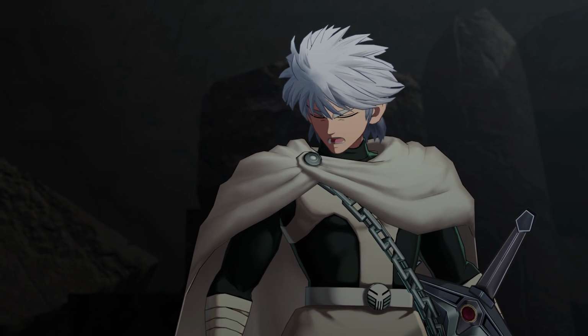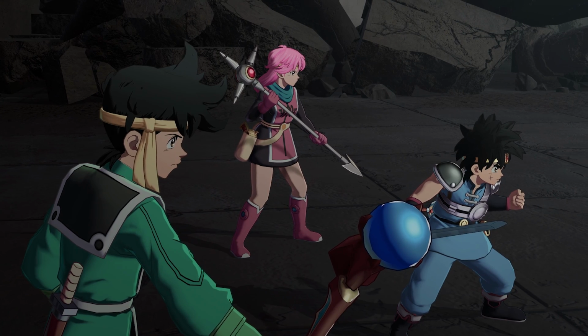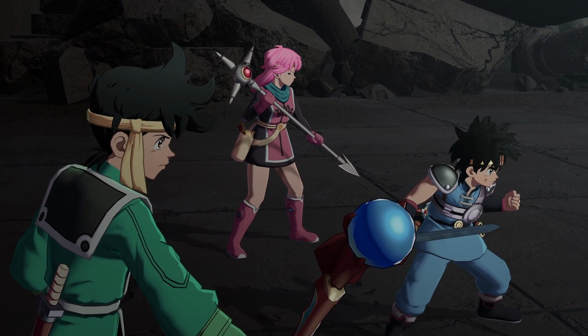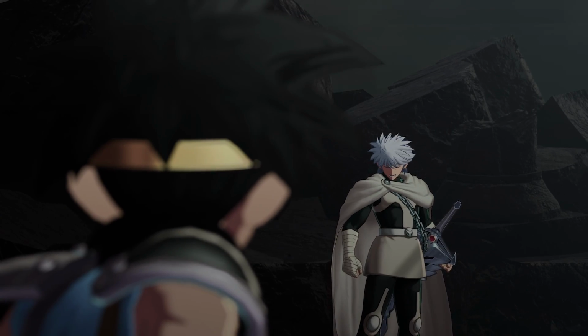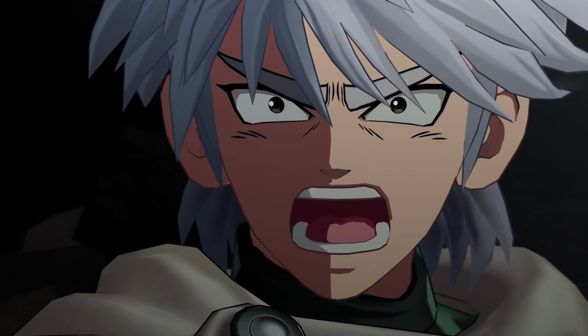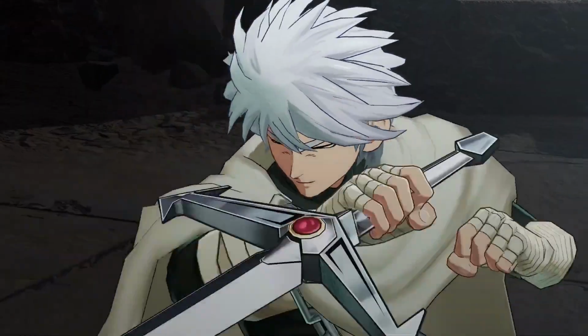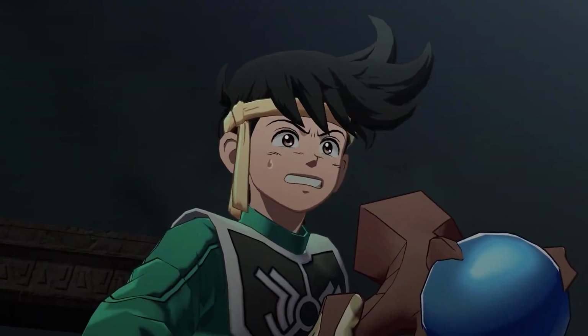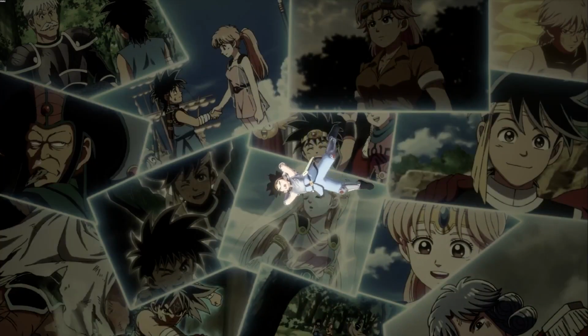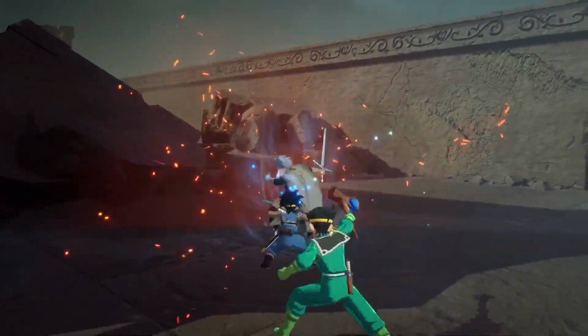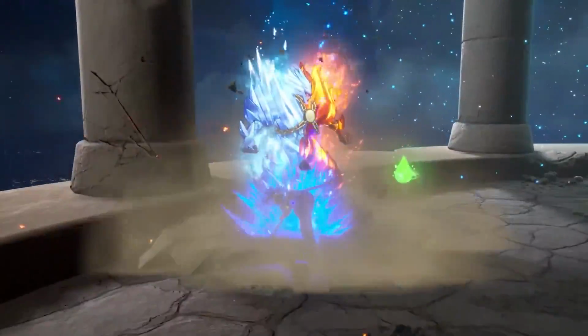But what they're trying to do here is that there are basically two modes. There is the basic story mode, where it follows the actual story of the anime and manga, with all the character beats, proper voice acting from the original voice actors, a bunch of bosses, and a bunch of more arena type levels where you fight enemies and go through a bunch of dungeons. That is fun.